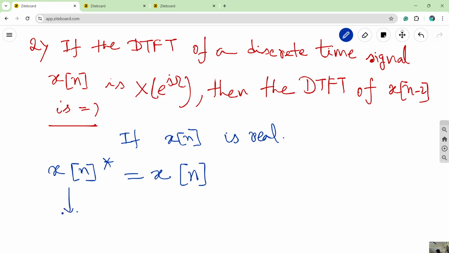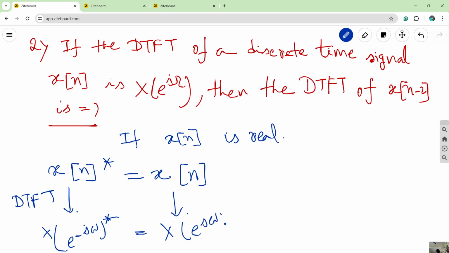So if we do the DTFT here, that becomes X of e to the power minus j omega conjugate is X of e to the power j omega. We just save it as equation number 1.